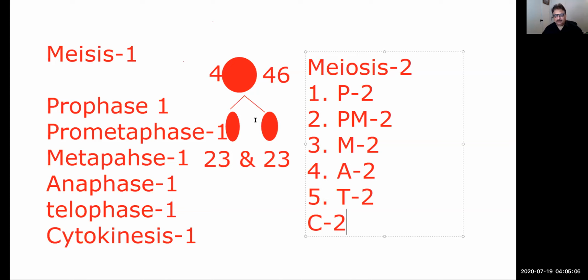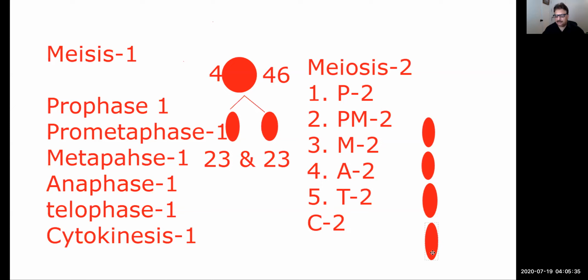So in the end, these two cells from meiosis 1 will give rise to 4 cells, 4 identical cells.